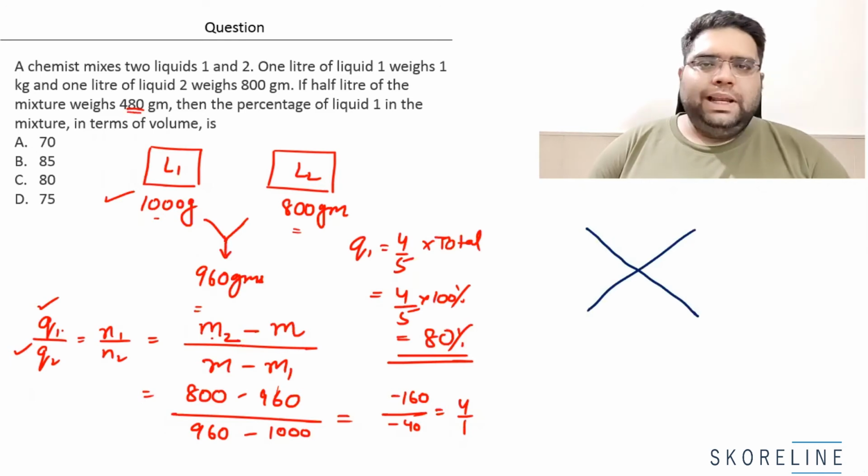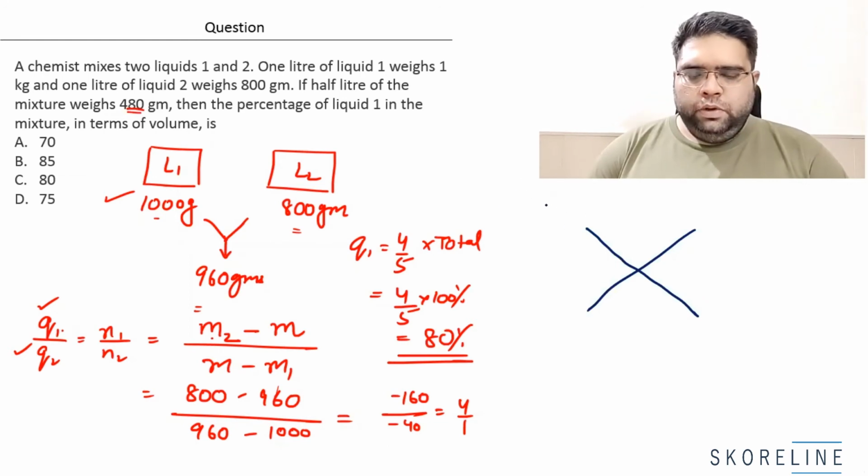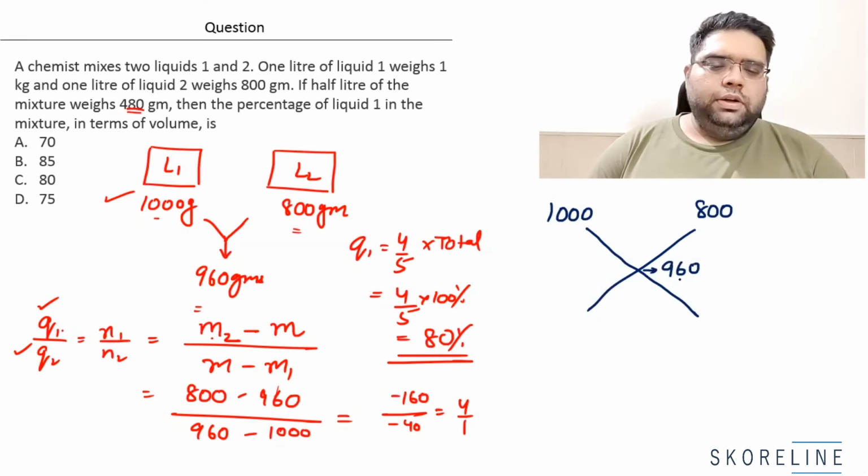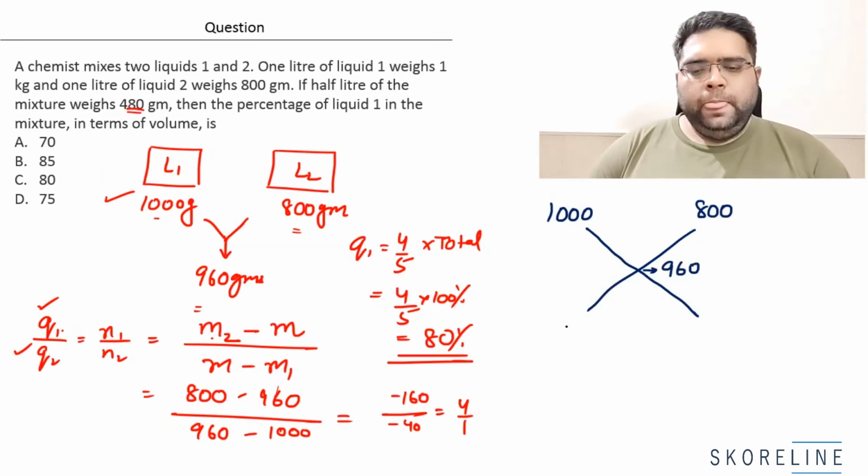Whatever ratio you need to calculate, if you need to calculate Q1 upon Q2, write everything about Q1, the first item, on the left side of this X. So for Q1 or liquid 1, it weighs 1000 grams per liter. Liquid 2 weighs 800 grams per liter. The final weight that you need to get, write that down in the center of this X, right?